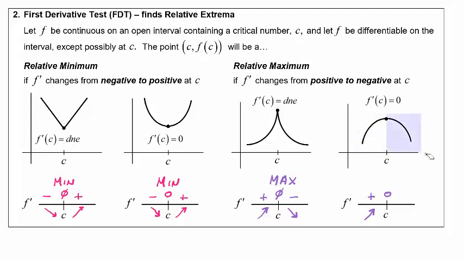Going from c to the right, the graph is decreasing, which means f prime will be negative. Analyzing the sign graph, when f prime changes from positive to negative at a critical point, that means we will have a relative max.